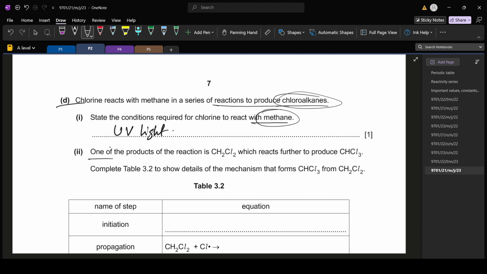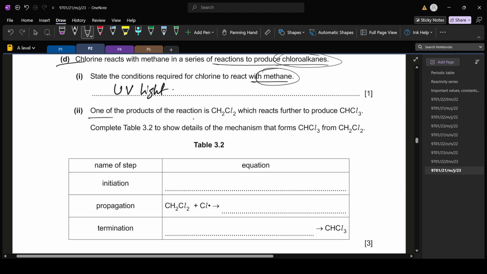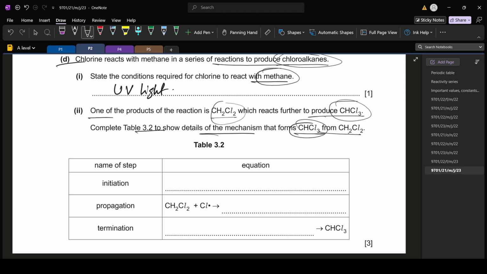Now part 2. One of the products of the reaction is CH2Cl2, which reacts further to produce CHCl3. Complete table 3.2 to show the details of the mechanism that forms CHCl3 from CH2Cl2.